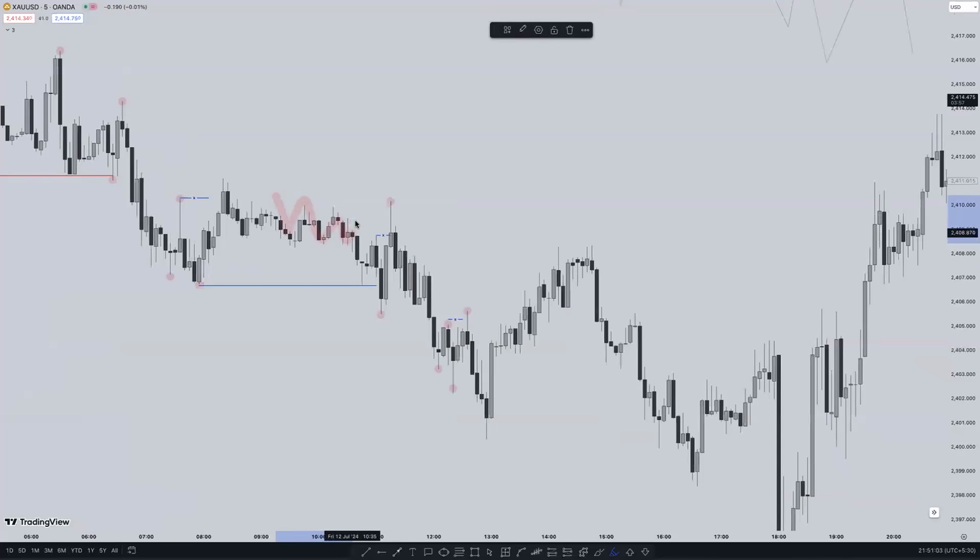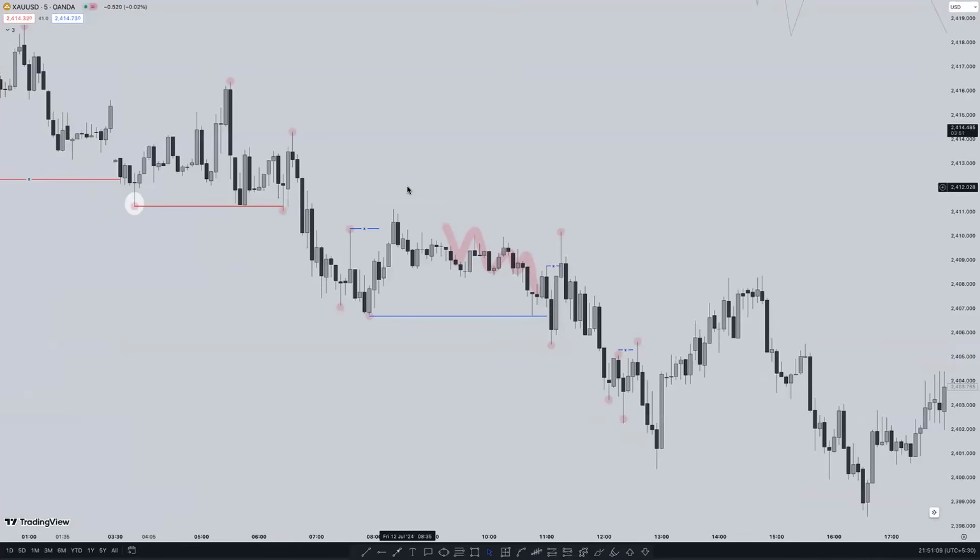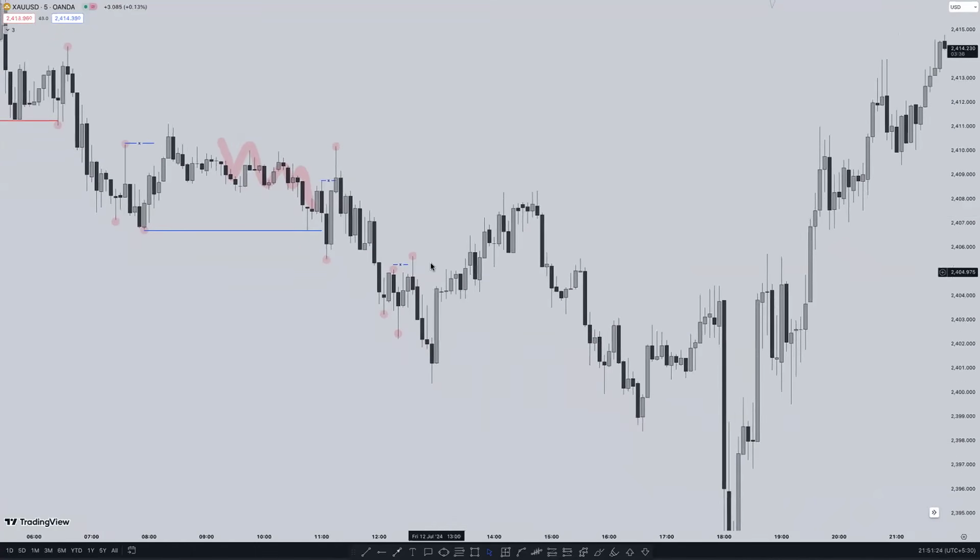Maybe you are thinking these are pullbacks here. All these are a bear leg.